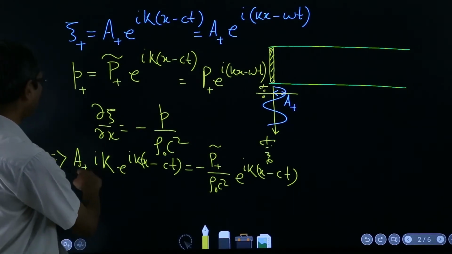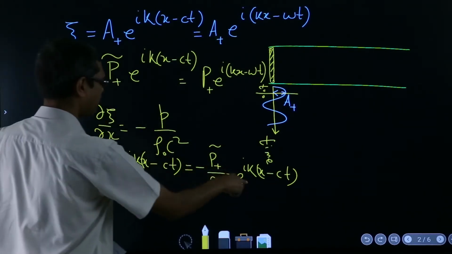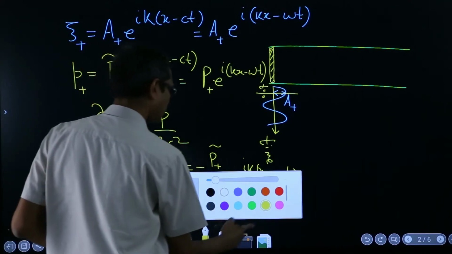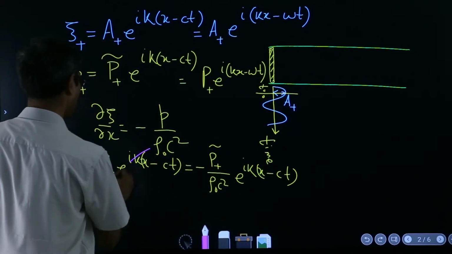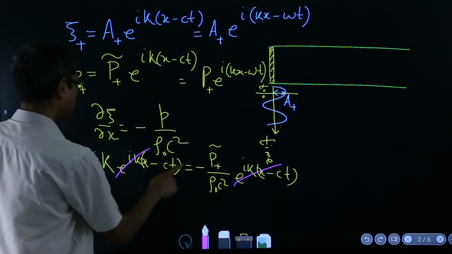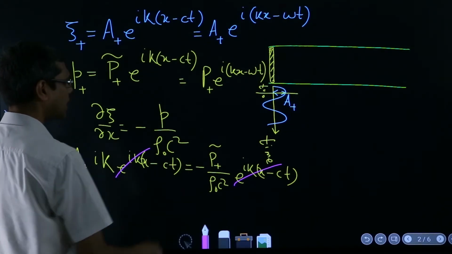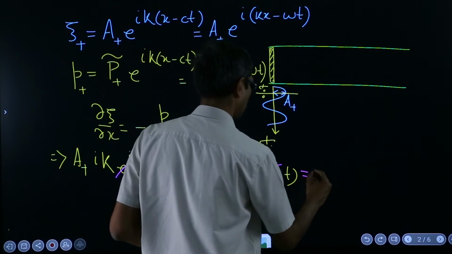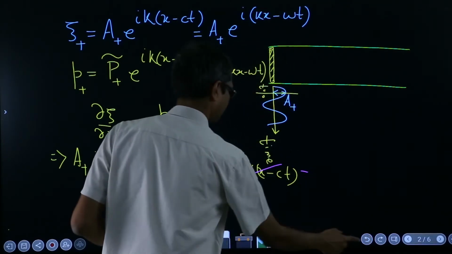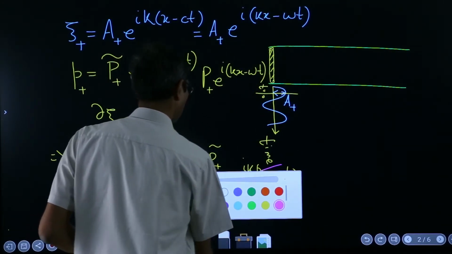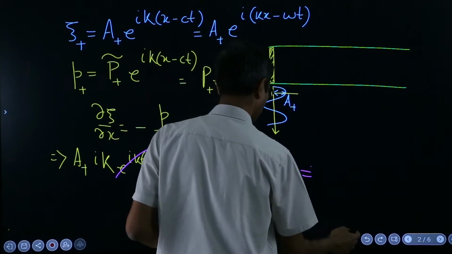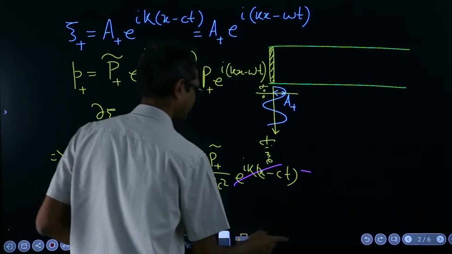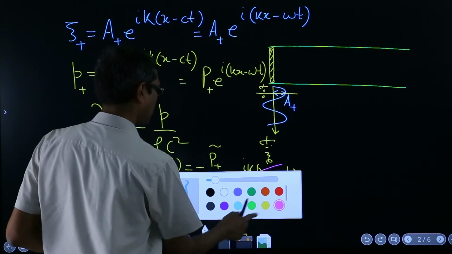I didn't do anything, I just differentiated this, I kept it here. So now these things just go away. So your constants are now related. So I'll write p plus in terms of a plus.